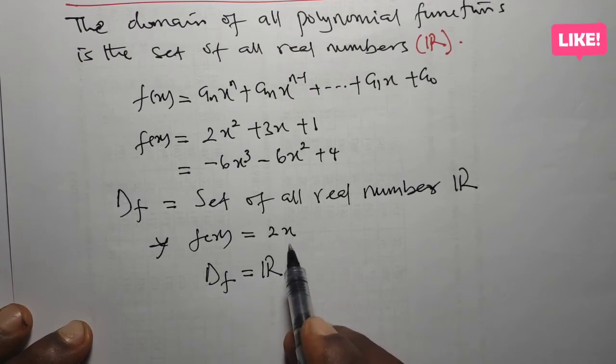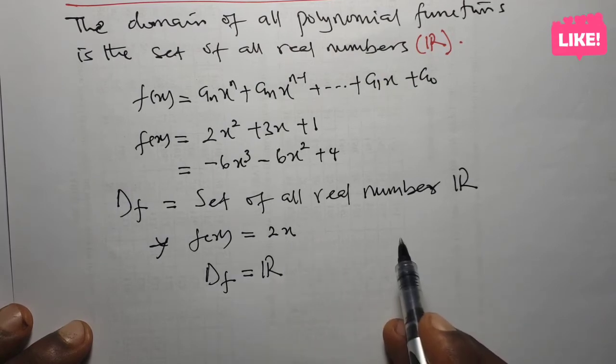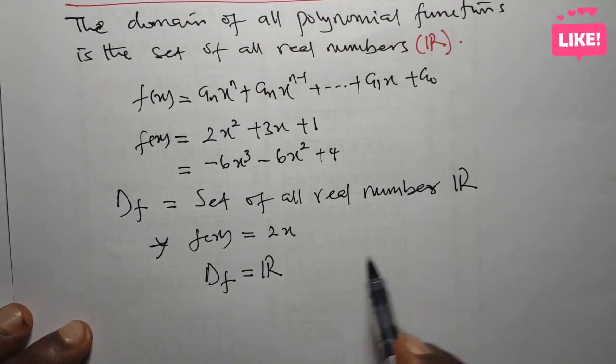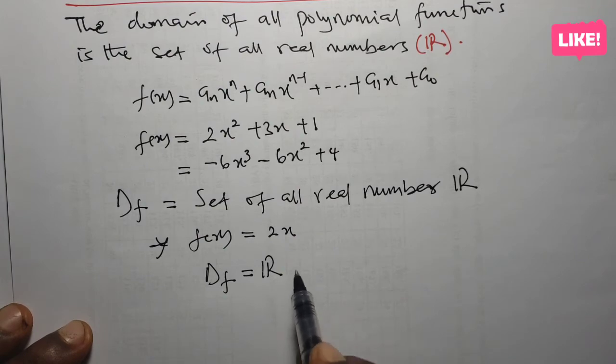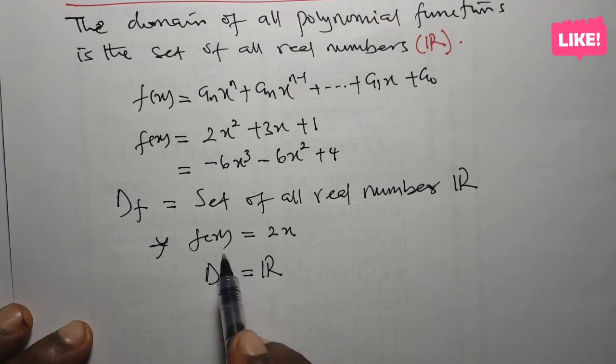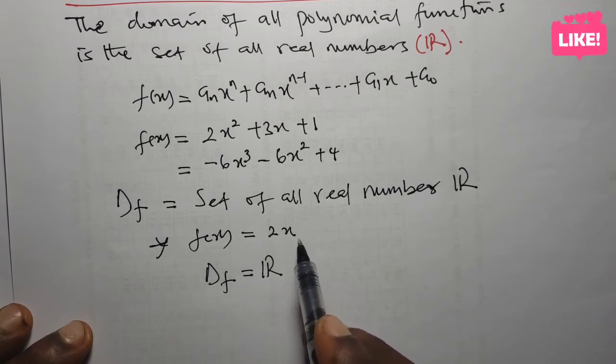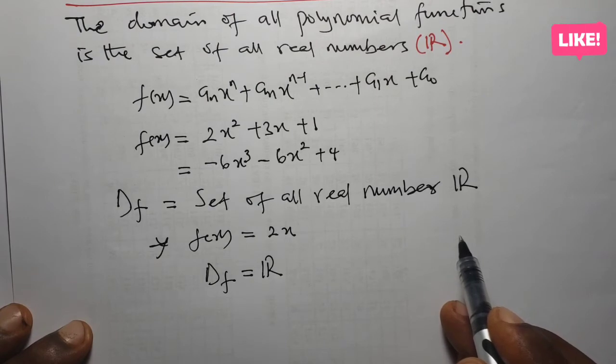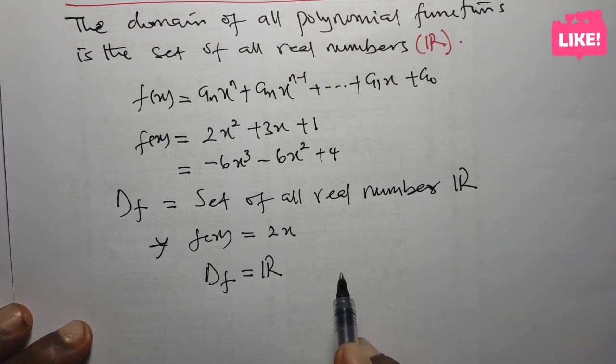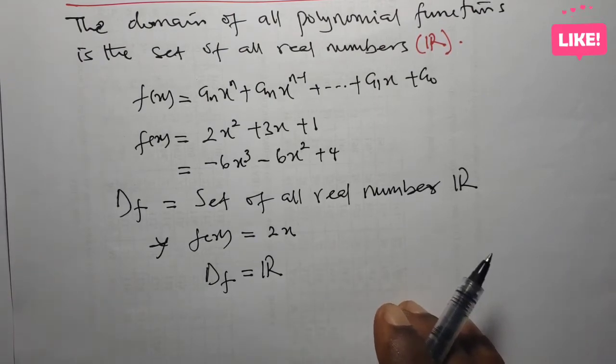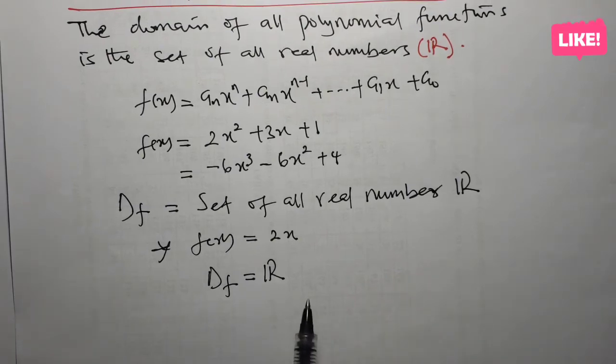If you plug in negative 1, you get the image negative 2, and so on and so forth. We are saying that there is no real number such that when plugged into this function, it fails to give another real number. So we say that the domain of all polynomial functions is nothing but R, the set of all real numbers.